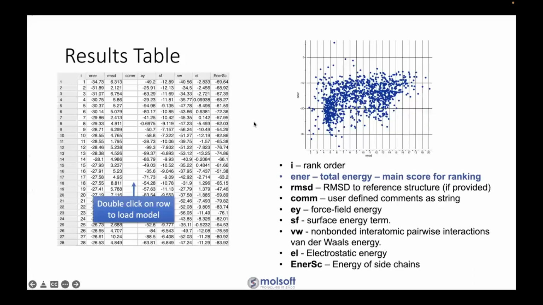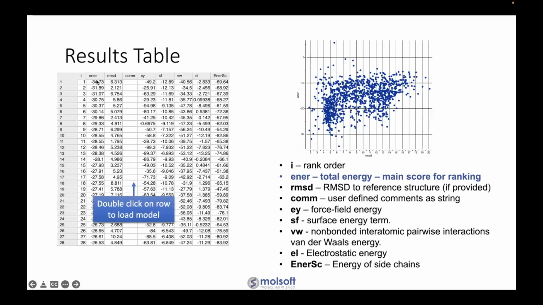When you open that PROTAC model all.icb file, you will then see the results table and a plot if you've compared it with a reference structure. So the results table is ranked by the energy, which is the total energy of the complex, and this really is the main scoring of the complex.